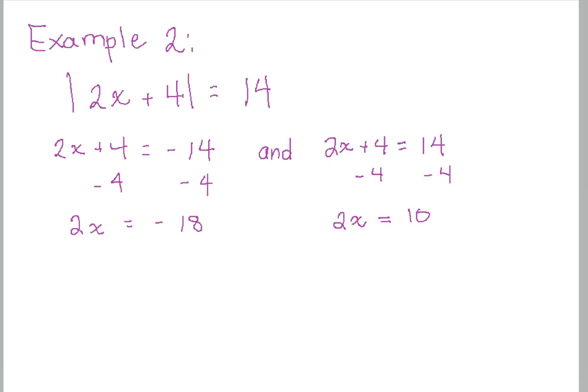Now I'm going to divide both of those by 2, and I like being really specific instead of damaging the line above. I like writing it out, so it's negative 18 over 2. Here I'm going to have 2x over 2 equals 10 over 2.